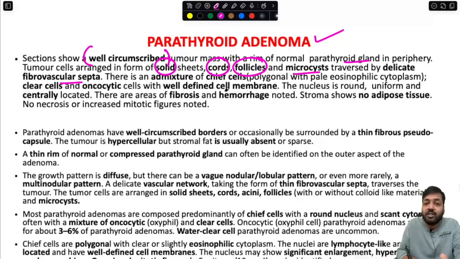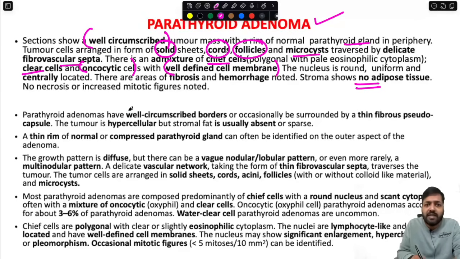There is an admixture of chief cells, which are polygonal with pale eosinophilic cytoplasm, clear cells with clear cytoplasm, and oncocytic or oxyphil cells with deep eosinophilic cytoplasm, and all of them have a very well defined cell membrane. The nucleus is round, uniform and centrally located. There are areas of fibrosis and hemorrhage, and the stroma shows no adipose tissue. There is no necrosis or increased mitotic figures noted. So it's a case of parathyroid adenoma.